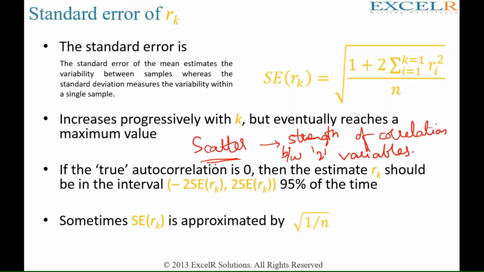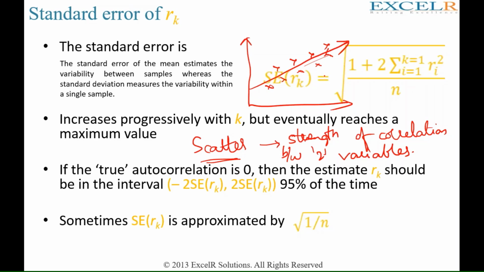We discussed that when you plot two variables, you get to know whether there is a positive or a negative correlation. We also discussed the strength: if the data points fall along the line, you say there is a strong correlation.